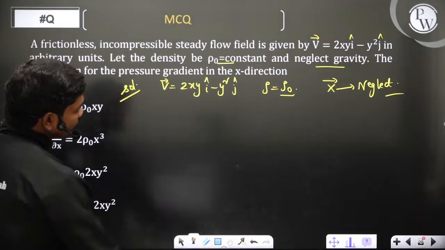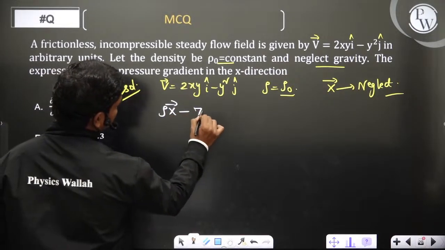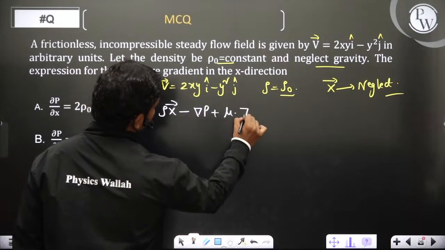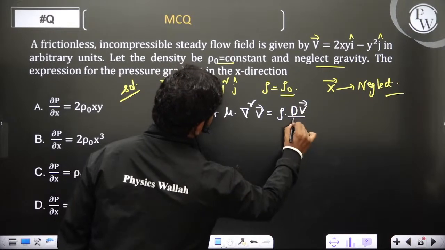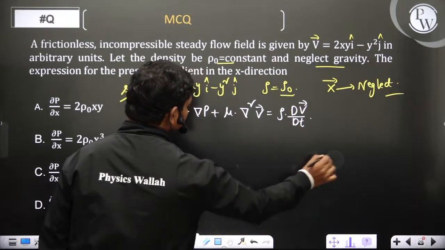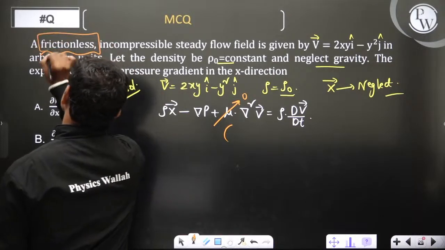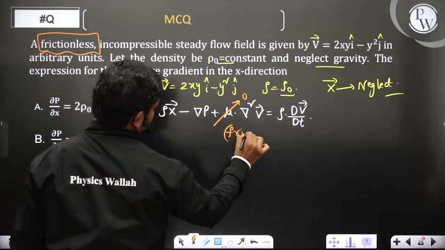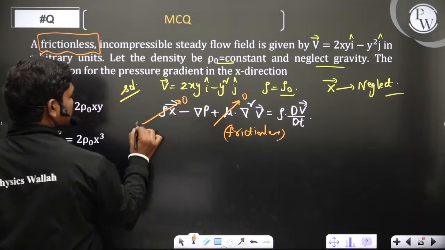If they give you options, you can use the momentum equation: minus del P plus mu del square V is equal to rho into dV by dt. Clearly the viscous term is 0 because the flow is frictionless, there is no viscosity. They have asked you to neglect gravity.